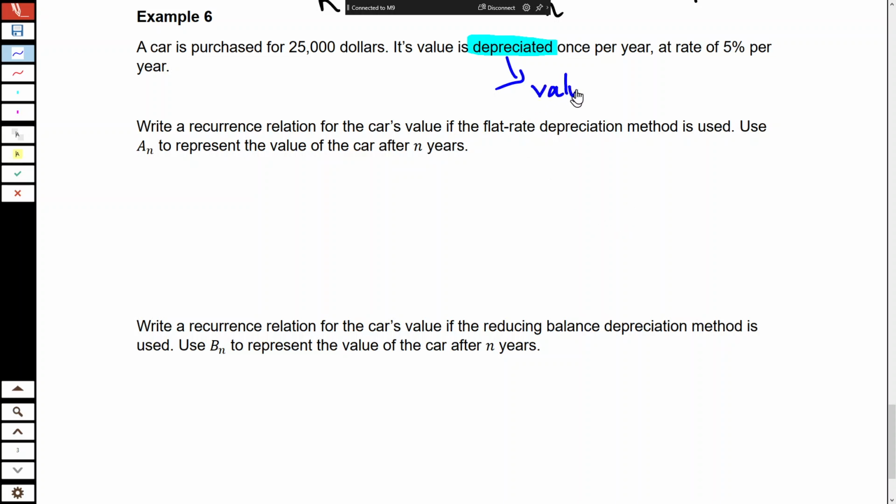Yeah. So some of you told me that the value was going up. You gave me an arithmetic sequence of a positive common difference d. That makes no sense. Your value should be going down over time. So you can't give me a car worth more than 25K in this question if it's depreciating.